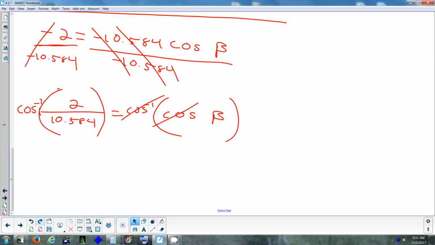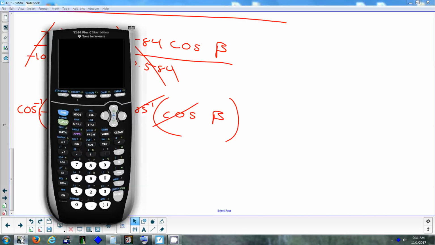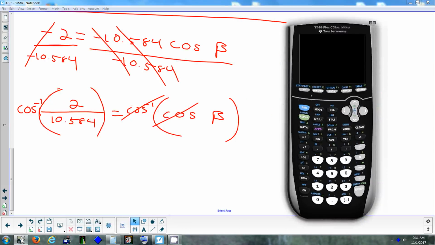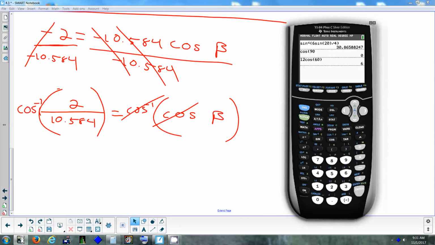Inverse cosine of 2 divided by 10.584. Okay, don't actually write down what 2 divided by 10.584 is. Don't round this off anymore. Just type the whole thing in at once. Okay, so I'm going to do inverse cosine of 2 divided by 10.584.